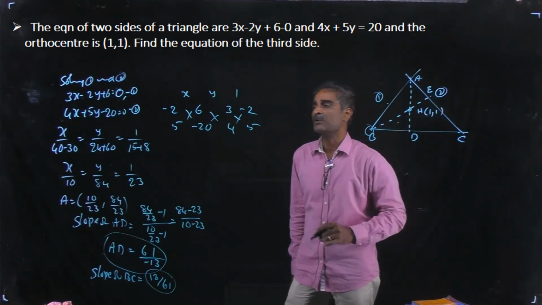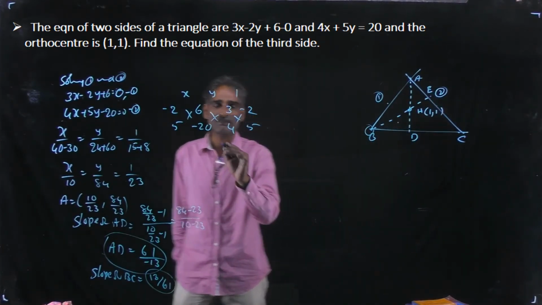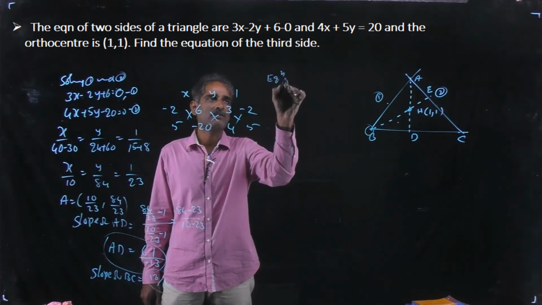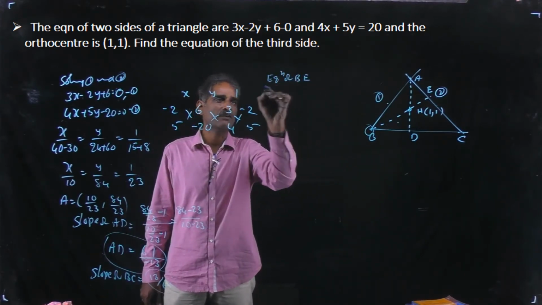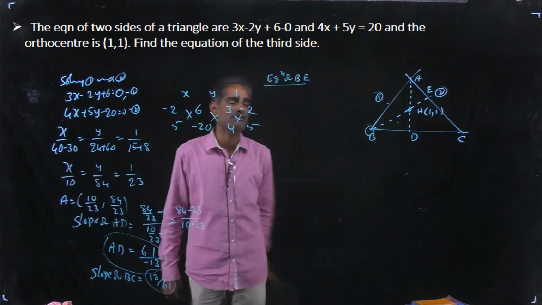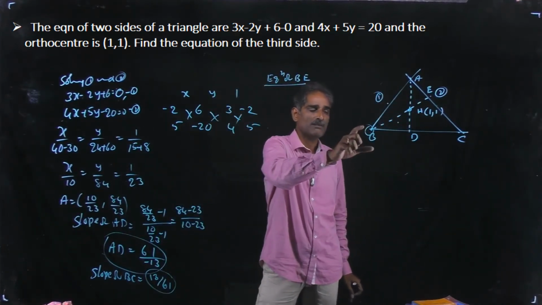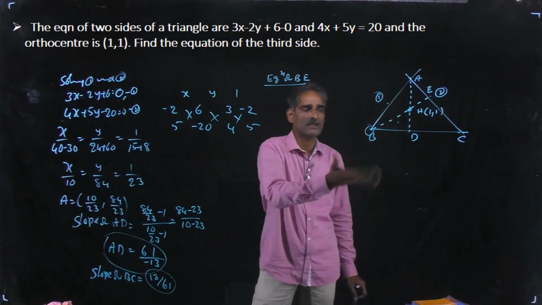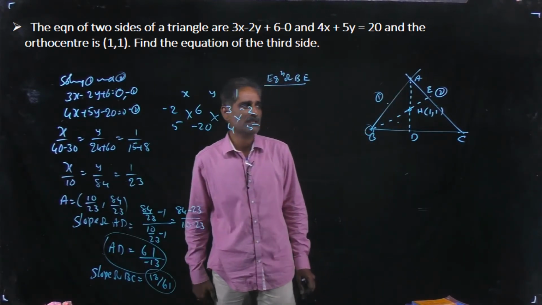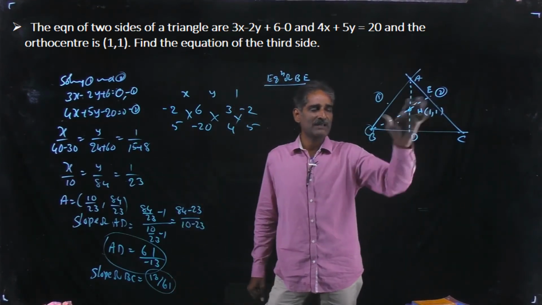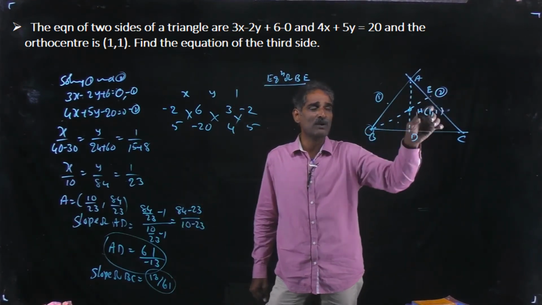Now try to find the equation of BE. Our aim is first of all to find B. By solving these two we will get B, and with the help of the slope we can write the equation of BC.